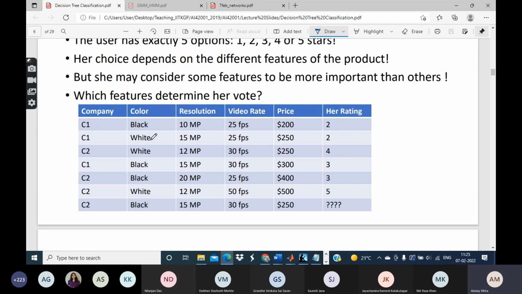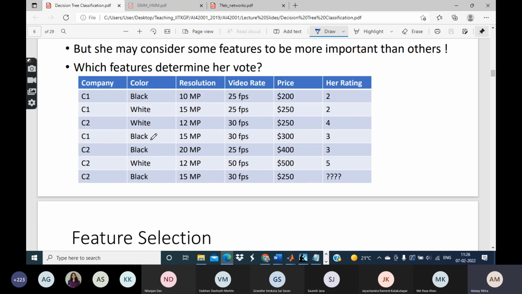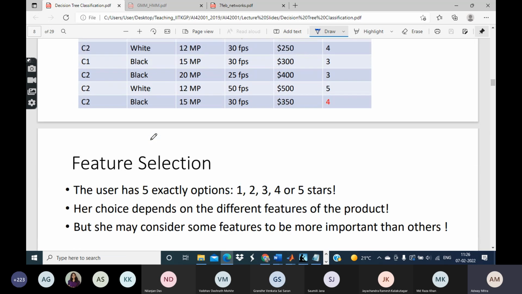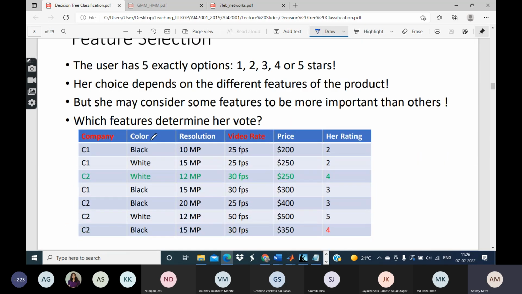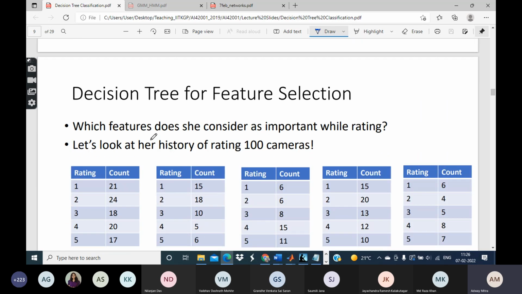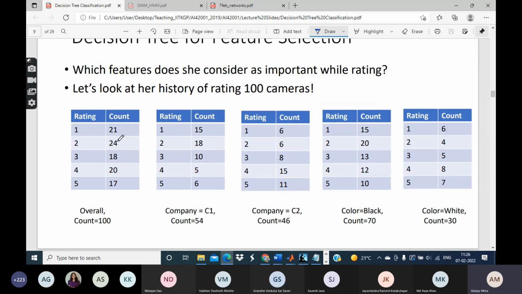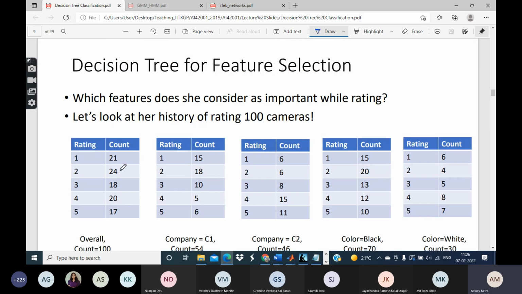Right. So yeah, you are thinking along the right tracks. So let us do one thing. Let us go one by one. Let us consider each of the features one by one. First of all, let us forget all the features and see what is the basic. Let us move to a slightly bigger form of this data set.